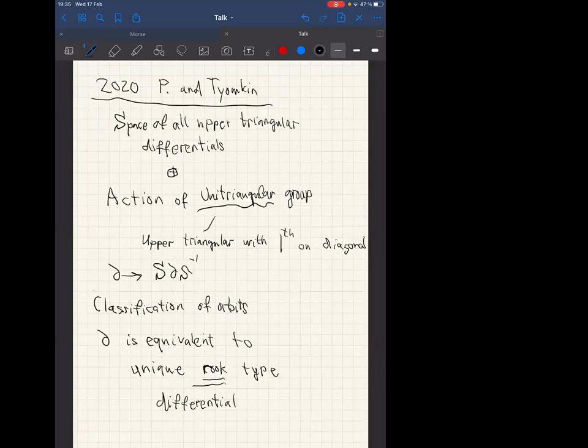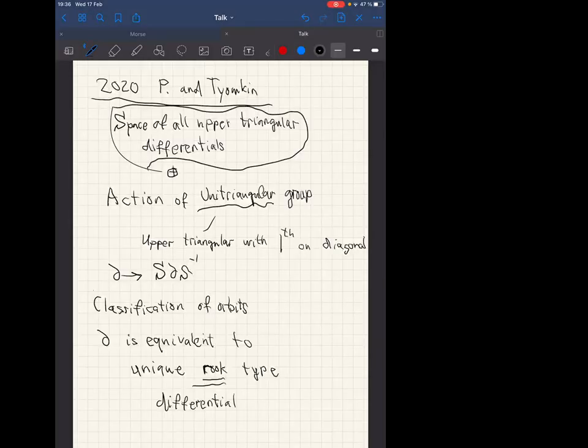We mentioned, and really it was mentioned a long time ago, that in fact we have the same space of all upper triangular differentials, but really we have an action of the unitriangular group on it. It's natural.